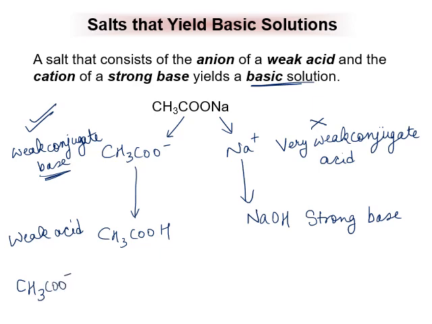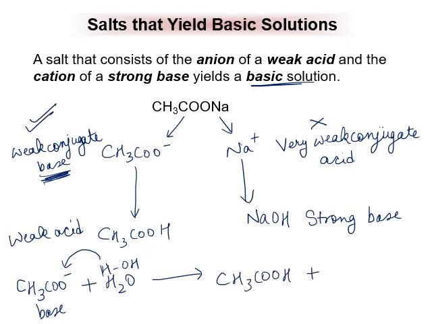CH3COO minus, again, Na does not affect the pH, so I omit it. It doesn't participate. This is going to interact with water. Again, water is HOH, remember that, especially in acids and bases. This does not have a hydrogen it can donate, and it's a base. Bases, they accept a proton, right? So this proton from water is going to be given to this, and it would become CH3COOH and OH minus.